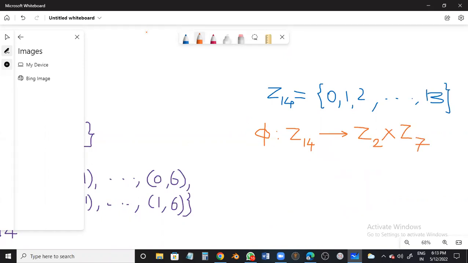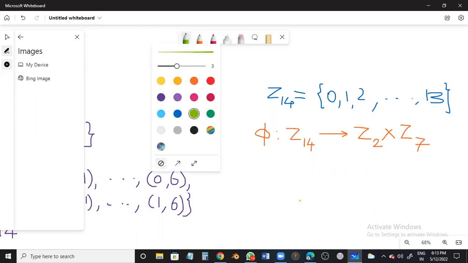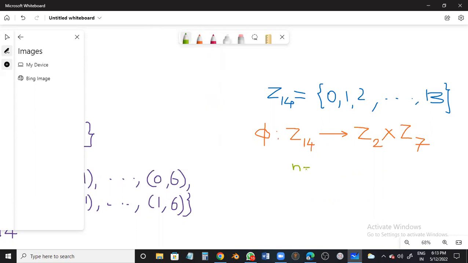So I would like to give you a clue. My clue is the way we express the number. How do we write n? We write n as n times 1. Any number I can write as n times 1. This is a clue to you. So how would you define this phi?